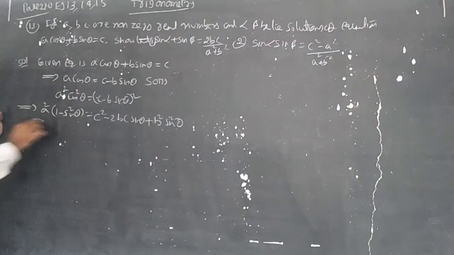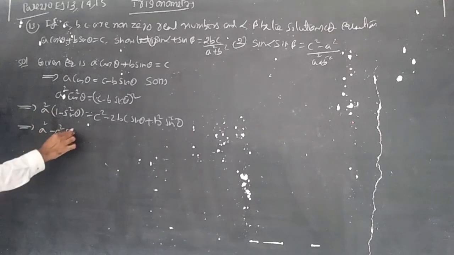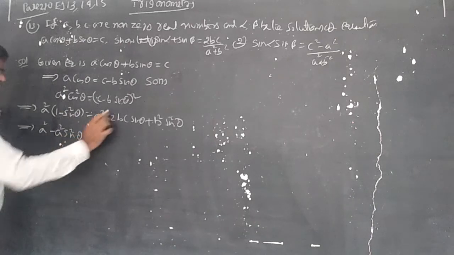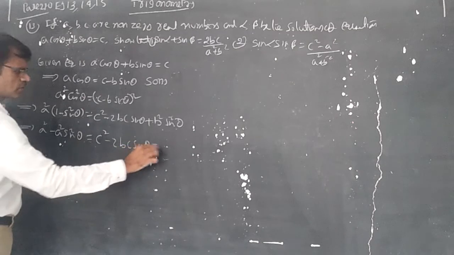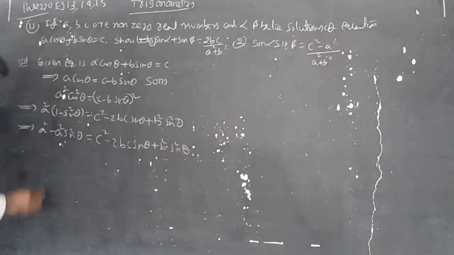That implies, multiplying here, a square minus a square sin square theta is equal to c square minus 2bc sin theta plus b square sin square theta.